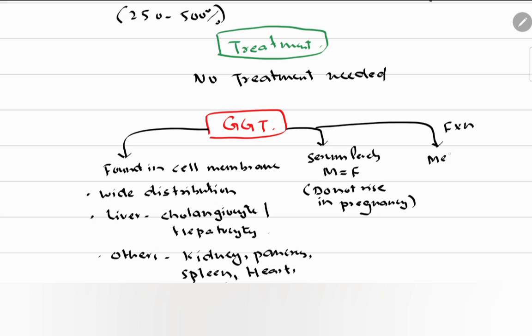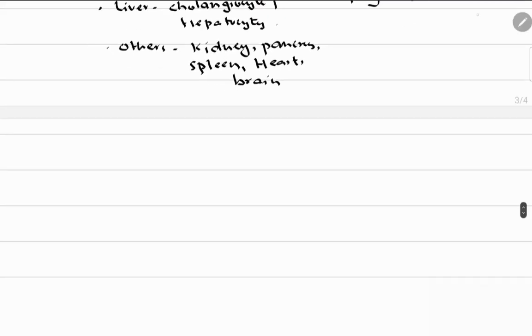Now coming to the function of GGT. The main function of GGT is the metabolism of glutathione or glutathione xenobiotics. With increased levels of GGT, in presence of transition metals, there is pro-oxidant activity, which leads to RBC membrane damage.